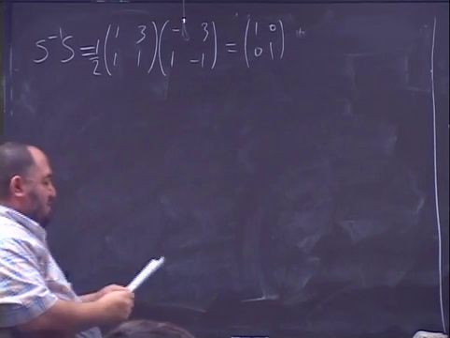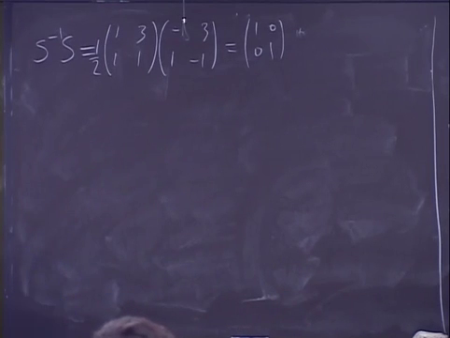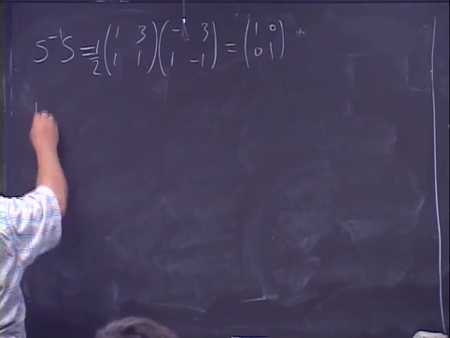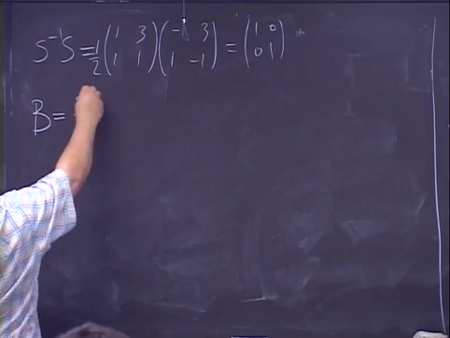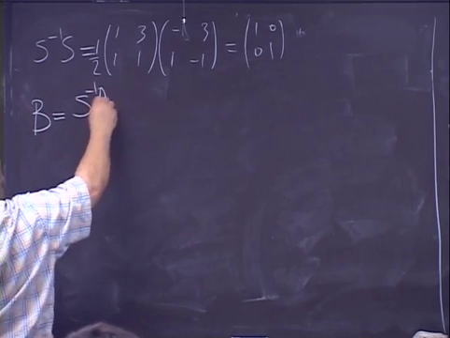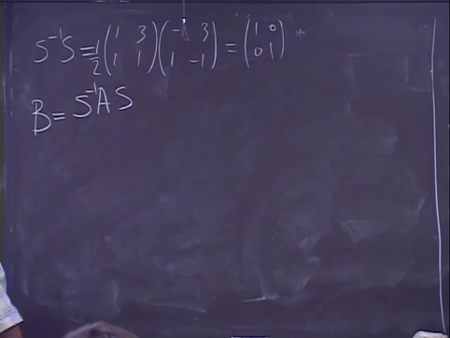So let's now apply the similarity transformation to transform the matrix A to the matrix B. So the new matrix is called B, and it is coming from S inverse A S. Apply it now.